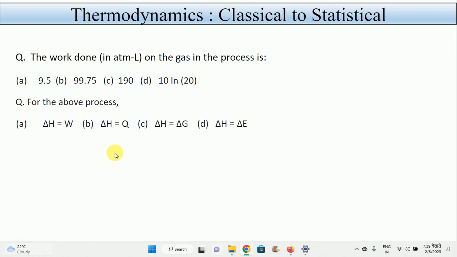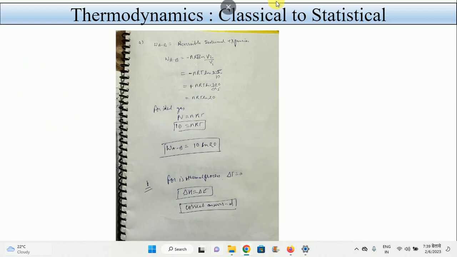Since we know that internal energy and enthalpy both are functions of temperature, they will be 0 at constant temperature. That is why option D is correct here. For an isothermal process, delta T is equal to 0, delta H is equal to delta E. Correct answer is D.